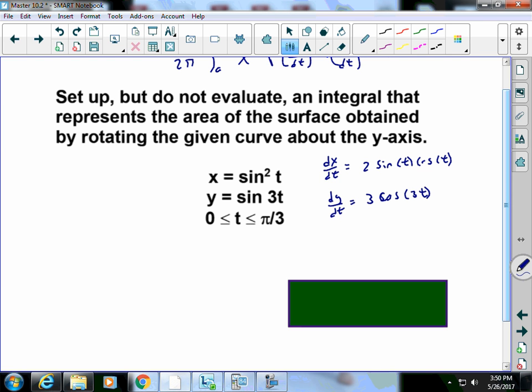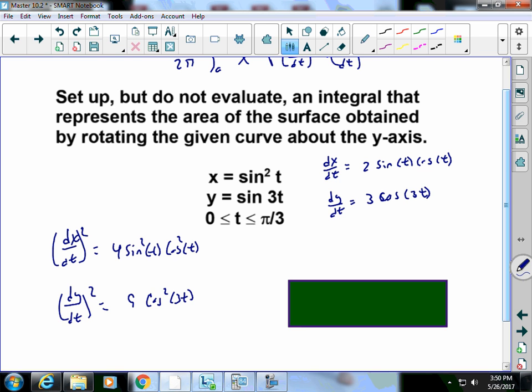So dx dt squared is equal to 4 sine squared t cosine squared t. And dy dt squared is equal to 9 cosine squared 3t. So we have our parts.